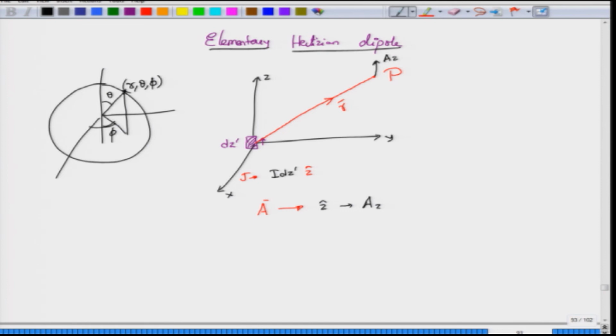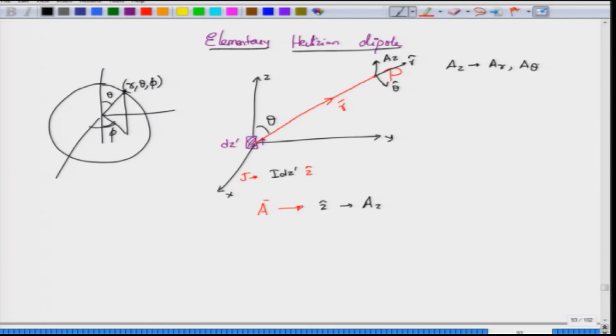But please remember, I am not interested in the z component; I am interested in the r component as well as the theta component. This is your angle theta. I want to express A z in terms of A r and A theta.